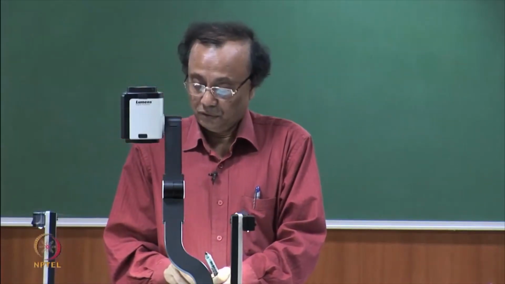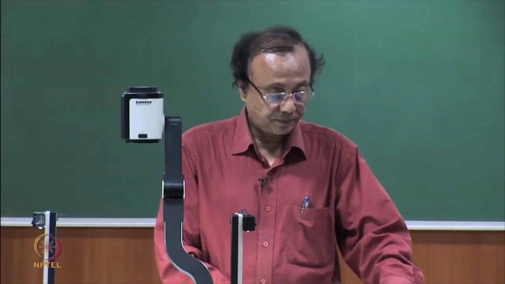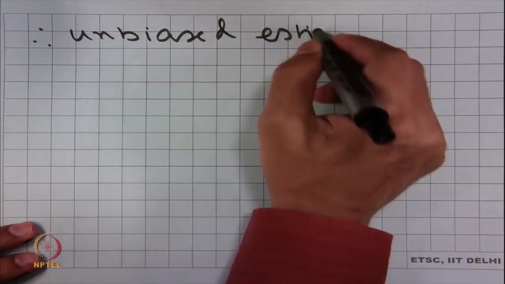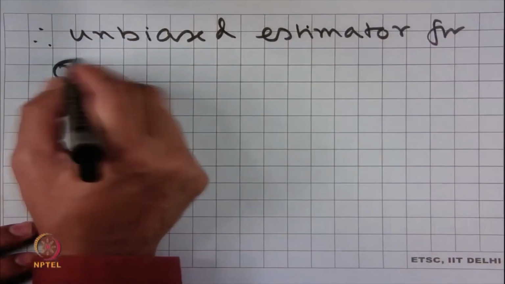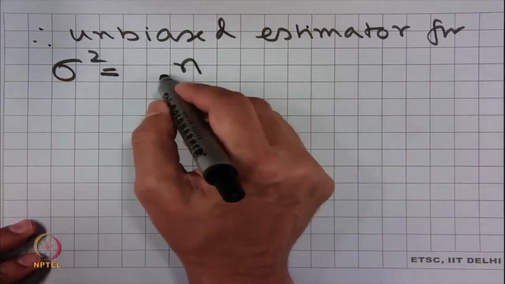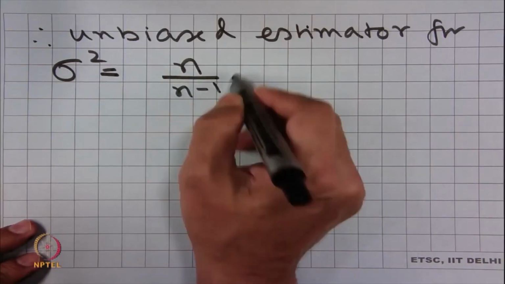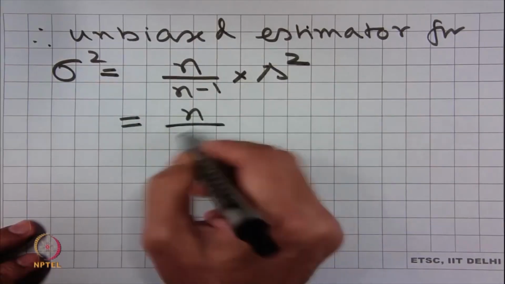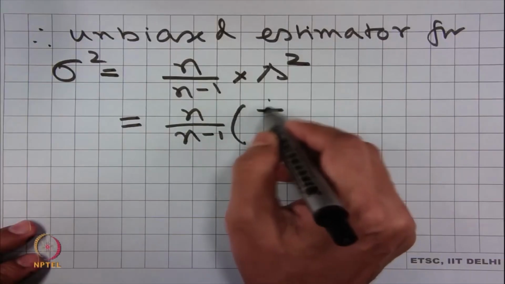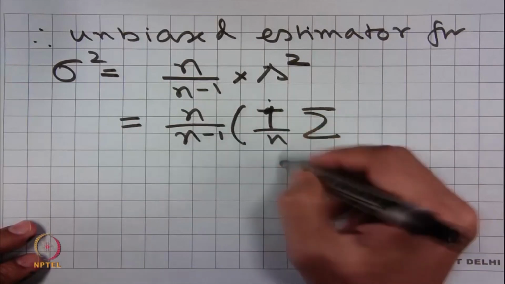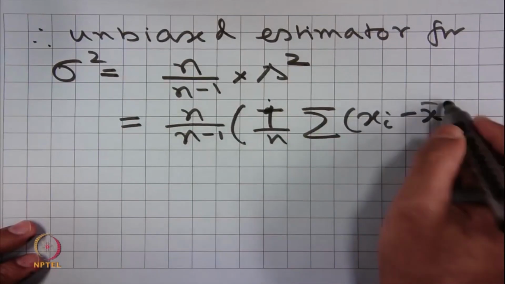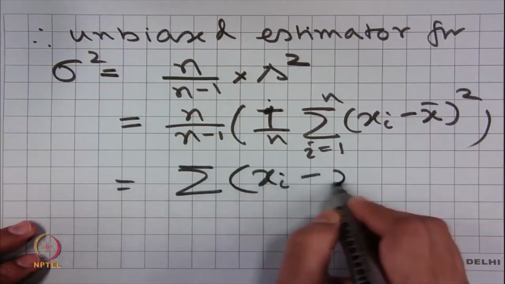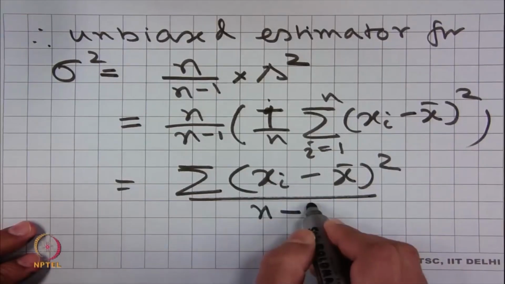Therefore, if I ask you what is an unbiased estimator for sigma square, small s square is equal to 1 by n into sigma x I minus x bar whole square, I is equal to 1 to n, is equal to sigma x I minus x bar whole square divided by n minus 1.